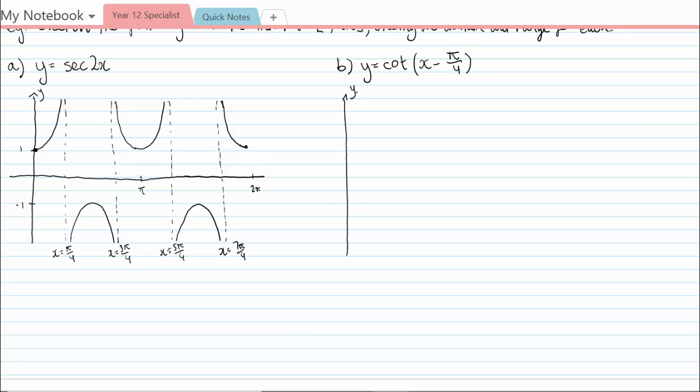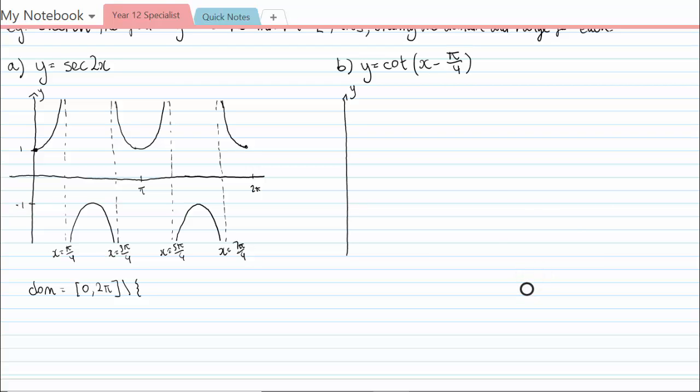I guess I should actually finish up the last question properly because I haven't done everything yet. So the domain of this one, what's a good way to write this? Perhaps I could say 0 to 2 pi, excluding, just a moment.